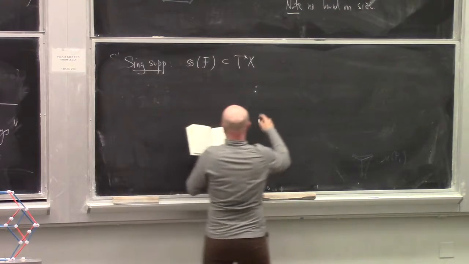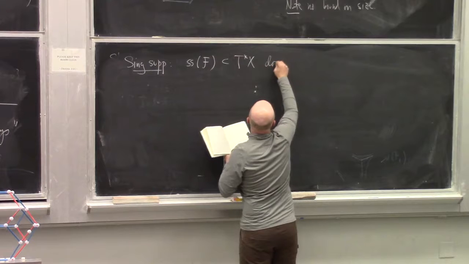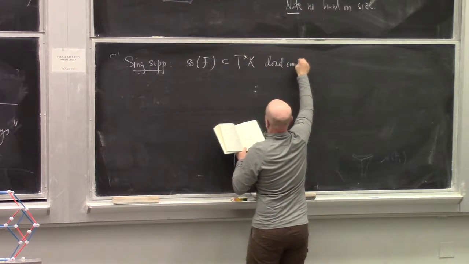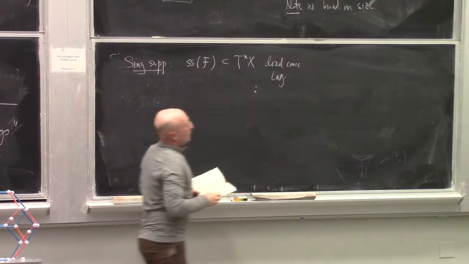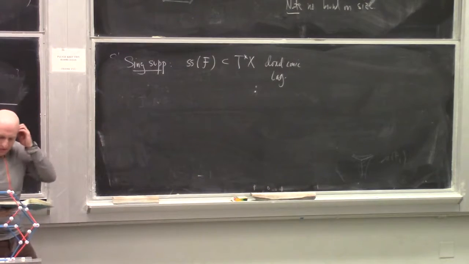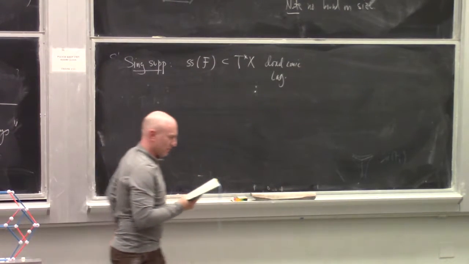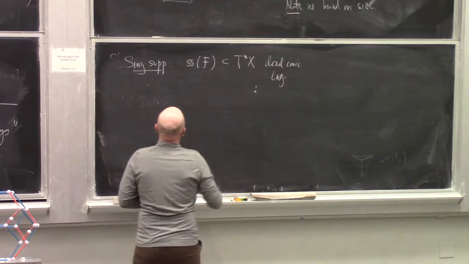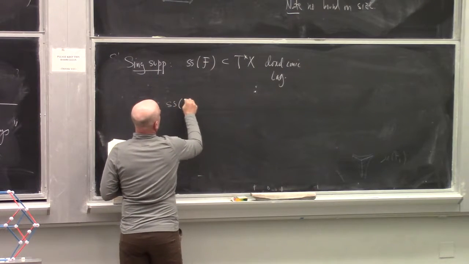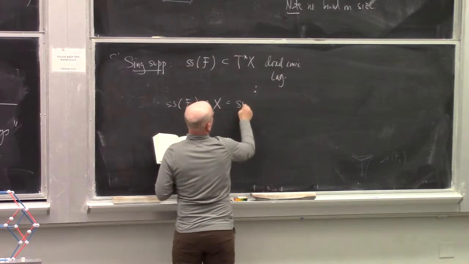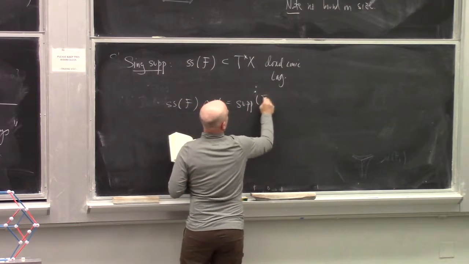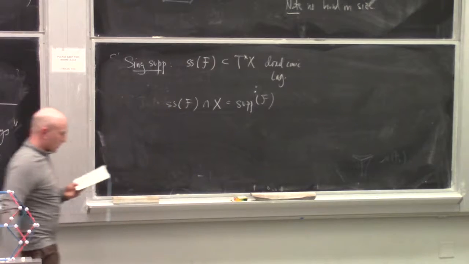Among other good properties, it's closed, conic, and Lagrangian. Unless the sheaf is 0, then it's empty, which I don't know if that's Lagrangian or not. And it knows about the classical support, because if you intersect it with the 0 section, you just get the classical support.